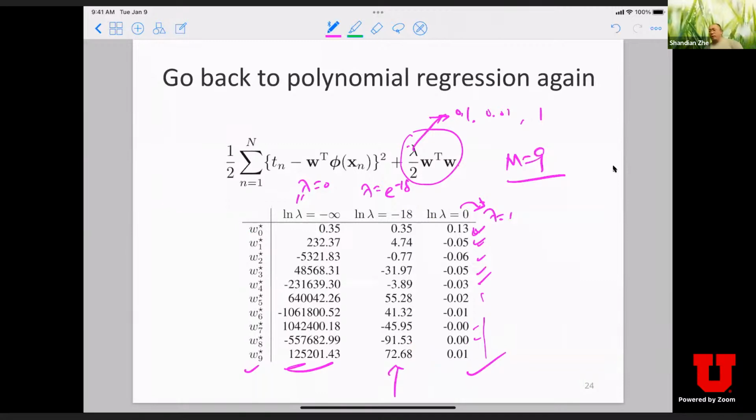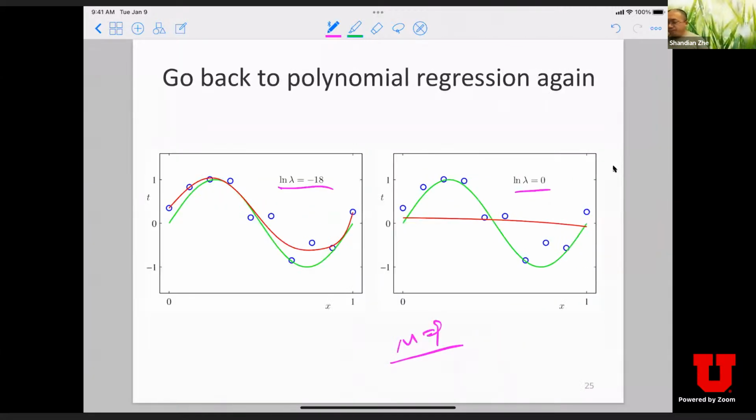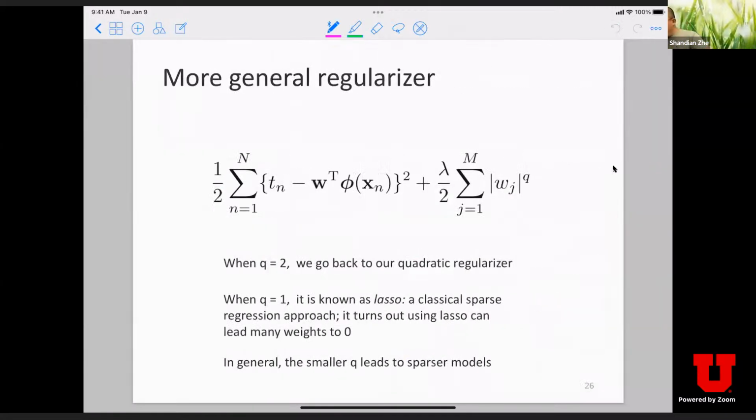In general, we can define our regularizer as the sum of the power of the absolute value of each weight element, where the power is Q. Different choices of Q correspond to different types of regularizers. When Q equals 2, it is the L2 regularization we just discussed, sometimes also called the quadratic regularizer.